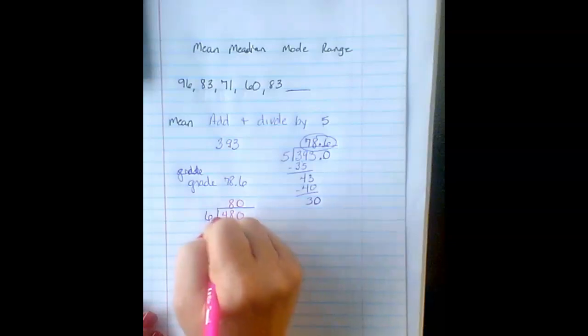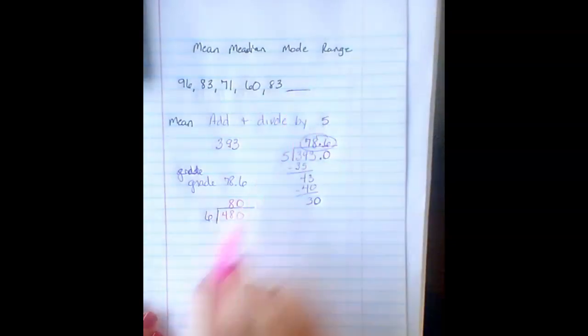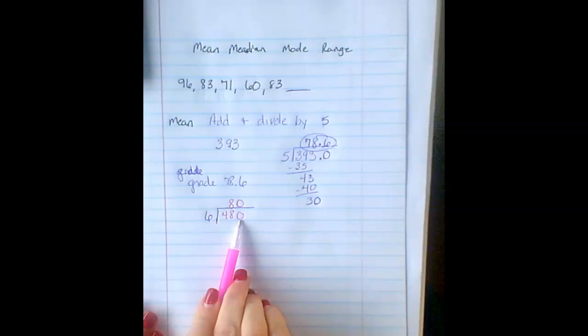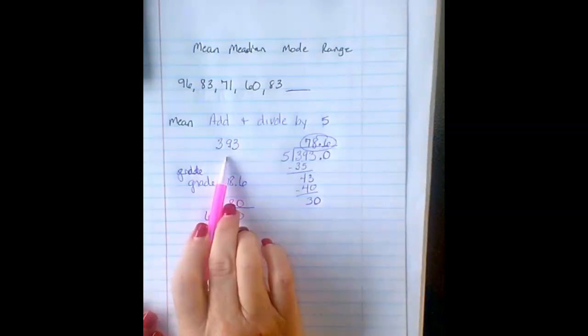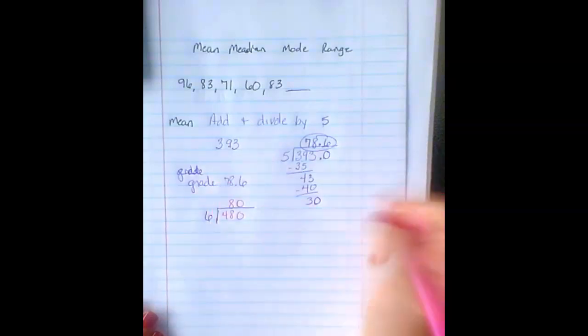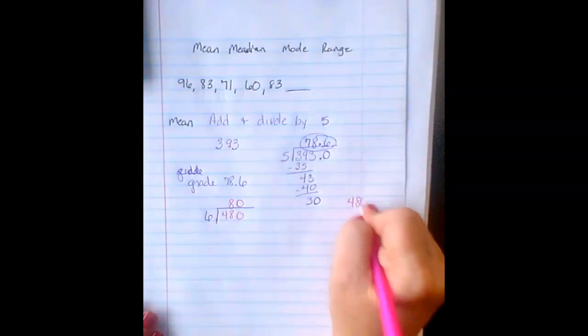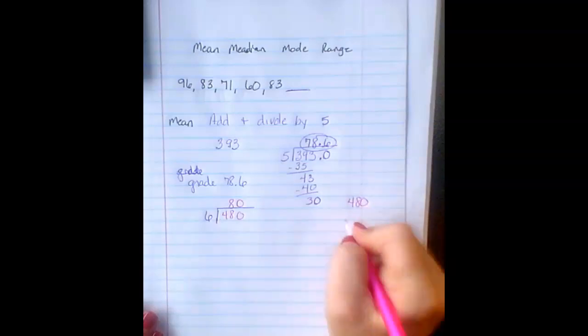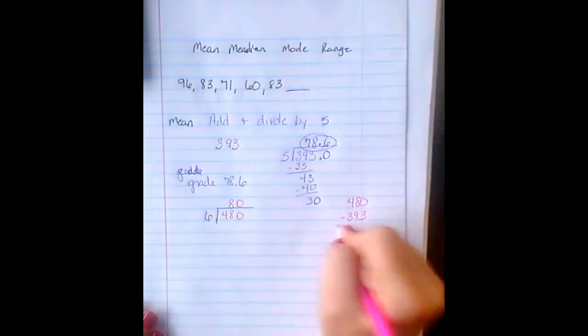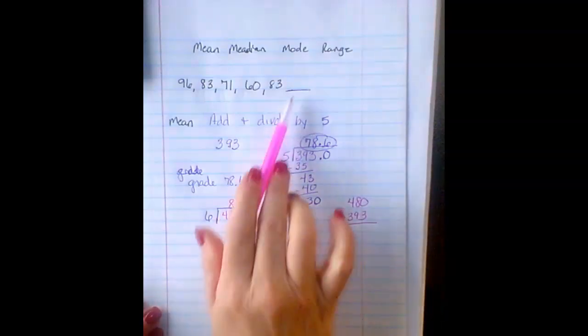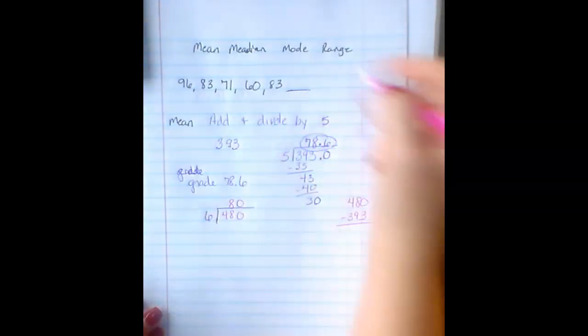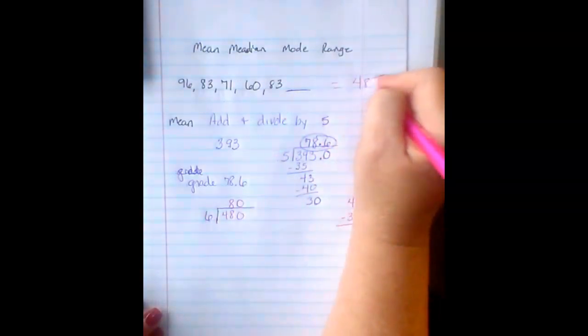So I need my total, my sum, to be 480. Right now it's 393. So if I take 480 and I subtract the 393, that's how much more I need to get, because I want this to equal 480.